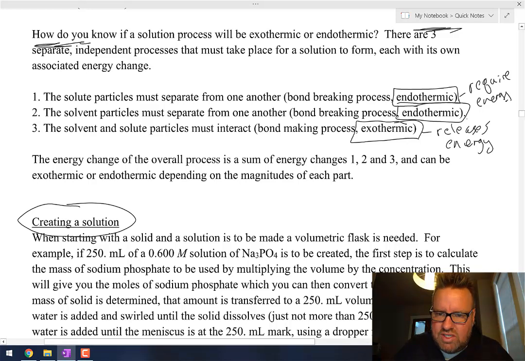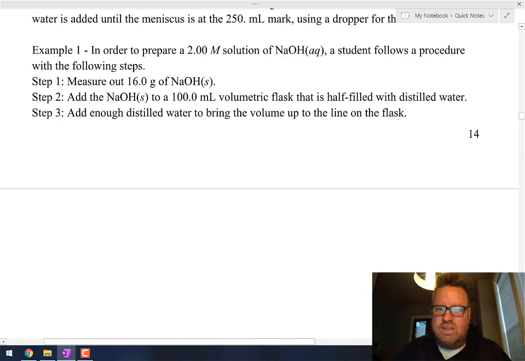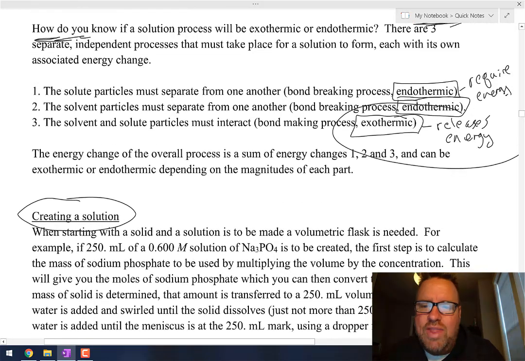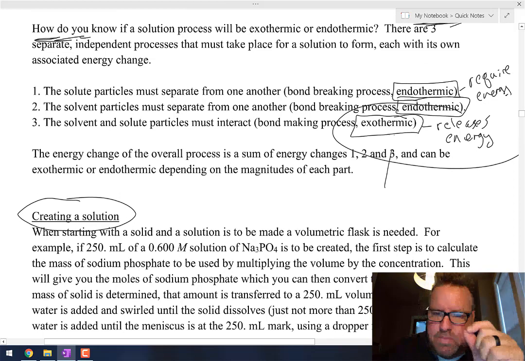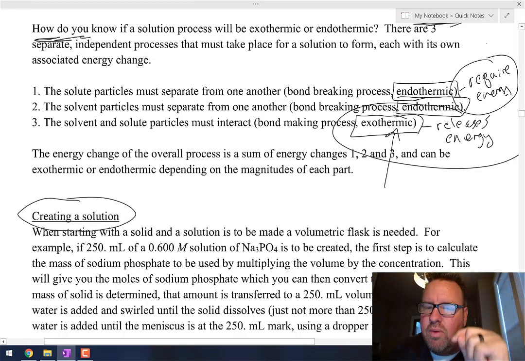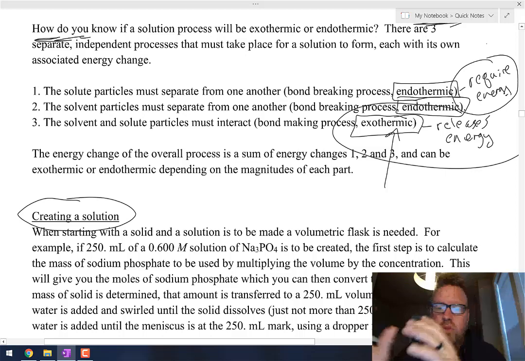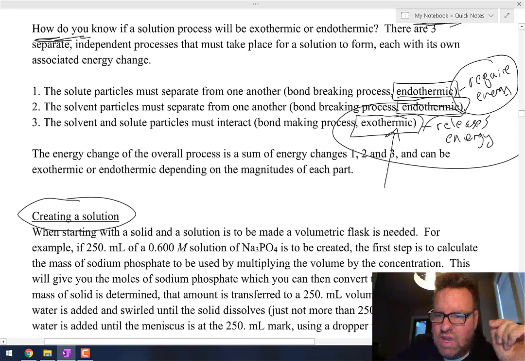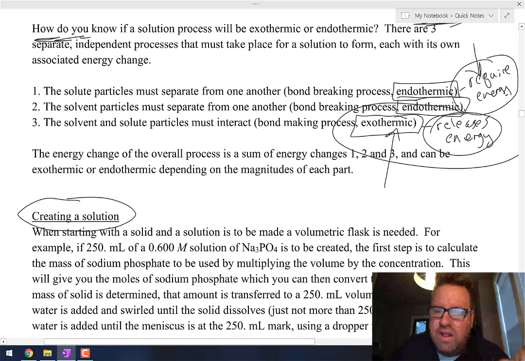That means this part right here releases a lot more energy than this part right here requires. Depending on the magnitude of each of those values, if this number is really big and these numbers are smaller, then overall it's going to release energy and feel hot.